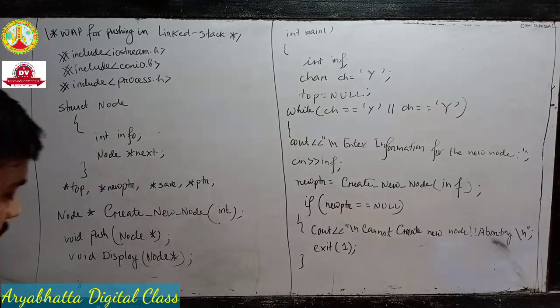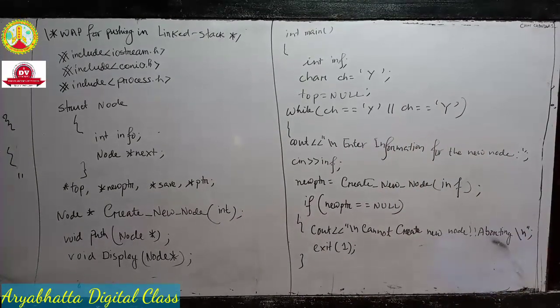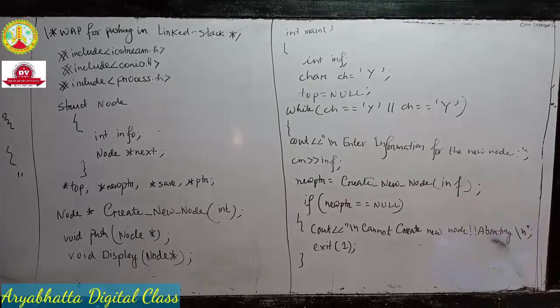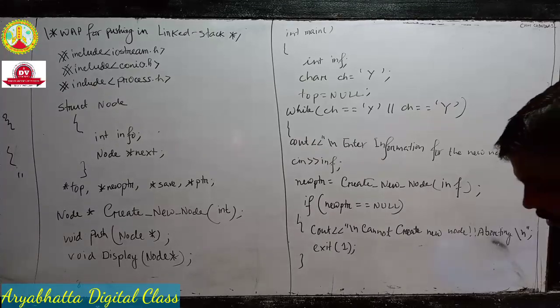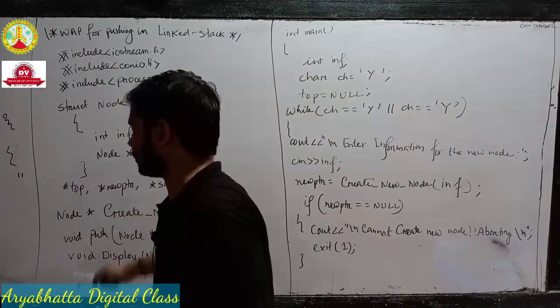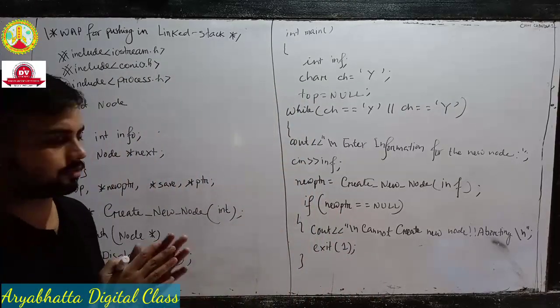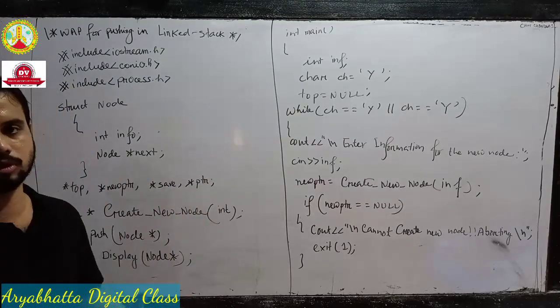you see I explain first this part, after that I write down some portion that will be left, I write down after this explanation. See, we use three header files. Okay, process is for this exit function, and you are already familiar with this part. This is what we create a node, means we use structure, that keyword struct, and we use the data members info and next, because in linked list node is what, one part is information and second part is link, it is the pointer part, it stores the memory address of the next node, you already know.